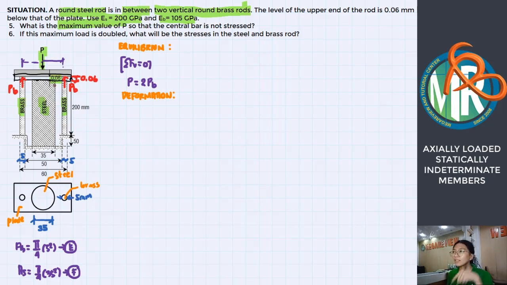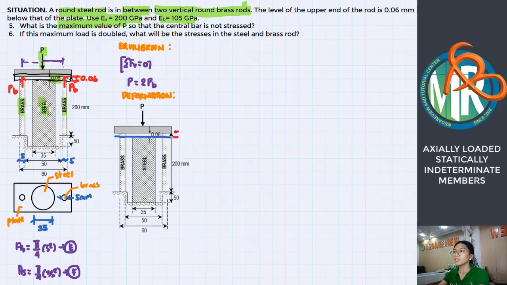A slight increase in load P, and you will have a reaction in the steel rod. So if the plate goes down by 0.06 millimeters, that is also the deformation of these two brass rods. The brass rods will shorten or compress up to 0.06 millimeters.